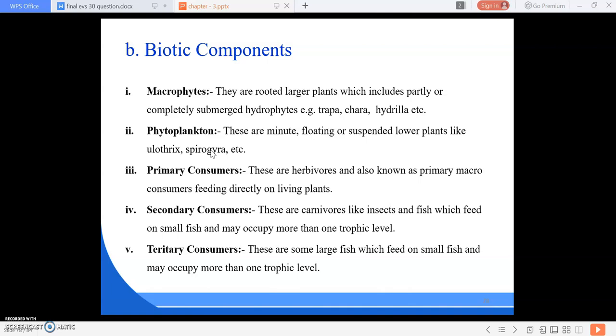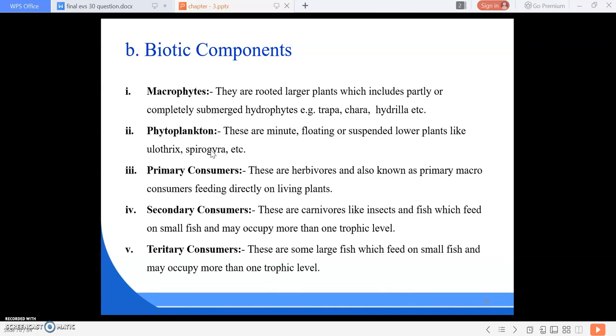Biomass is estimated as weight of standing crop per unit area or volume. Generally, biomass and energy content of the vegetation decrease from the margin of the pond towards its center. Energy content is generally expressed in terms of cal per gm dry weight. So, these are the minute floating or suspended lower plants.